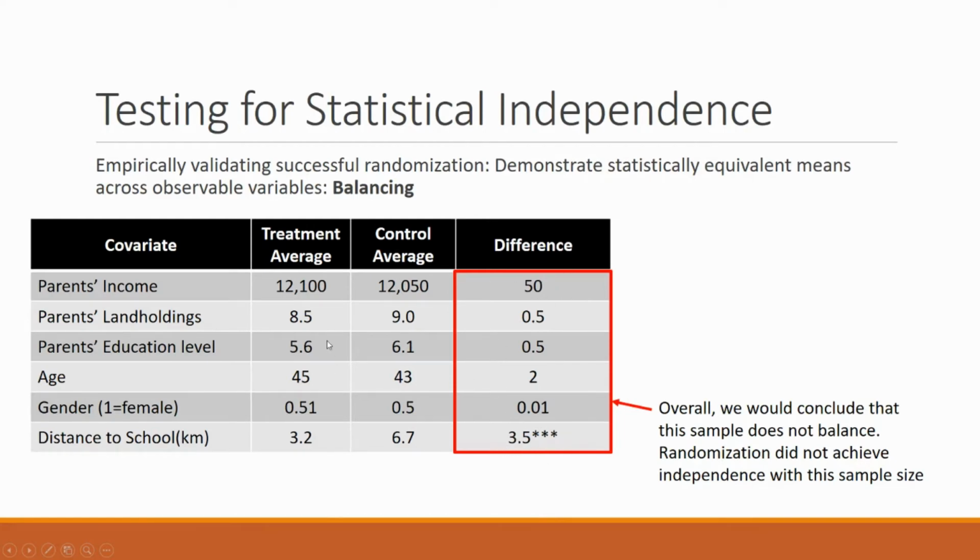This would suggest to us that our treatment group and our control group are different. They are different on average. They're not the same on average, which would be evidence against statistical independence. This would mean we would say, okay, our randomization did not achieve the statistical independence. That means we might still have omitted variable bias.